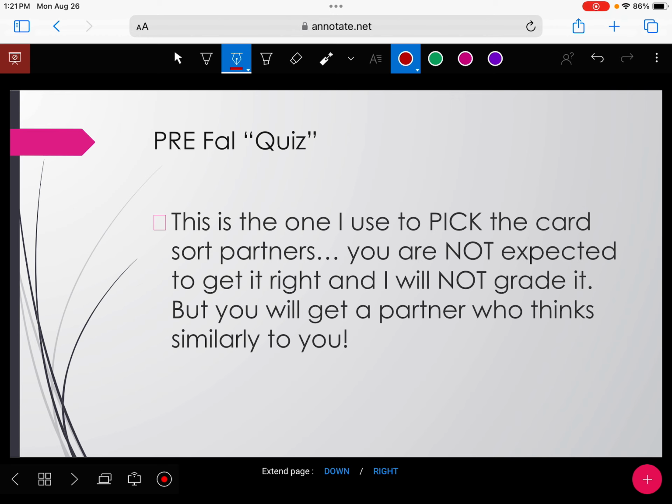So if you leave it blank, your partner also has left it blank, and that means I pick your partner. That's why I encourage you to do your best.